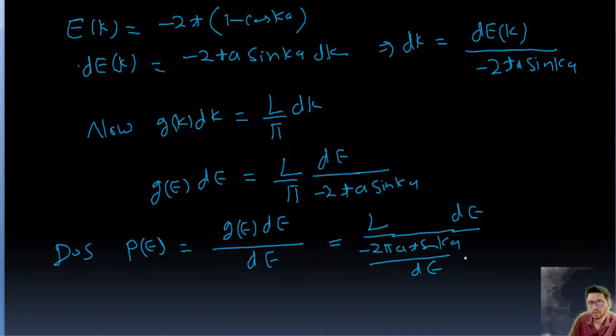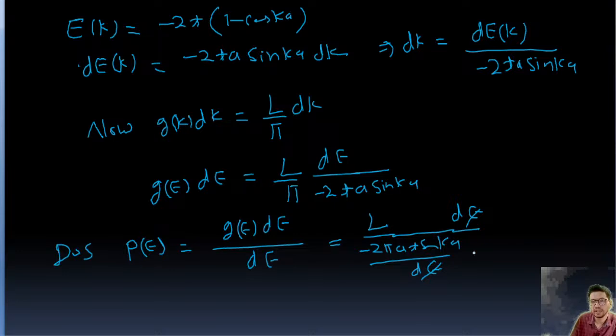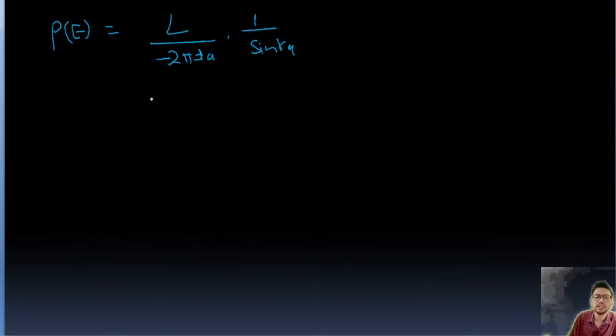So the value of rho e, that is density of state, rho e is going to be L upon minus 2 pi Ta into 1 upon sine K, right? We can write like this, right? So this is the density of a state, guys.